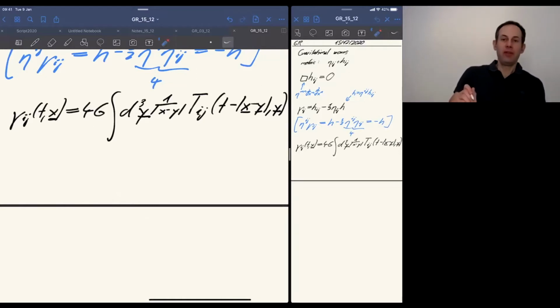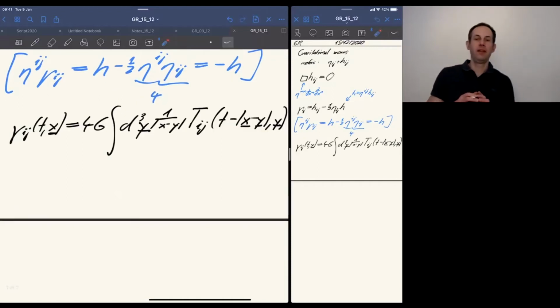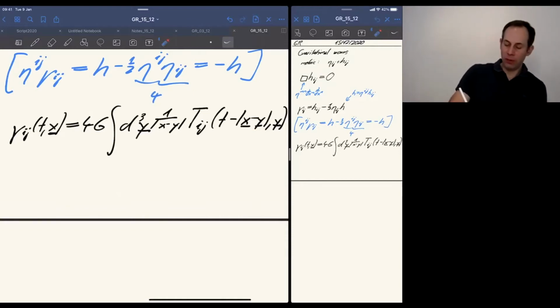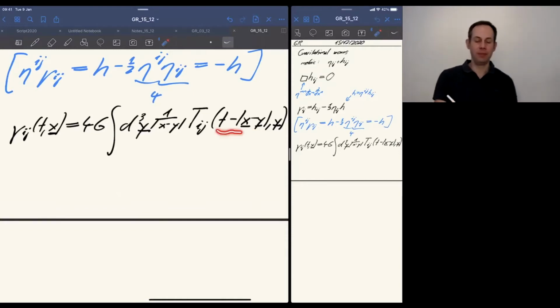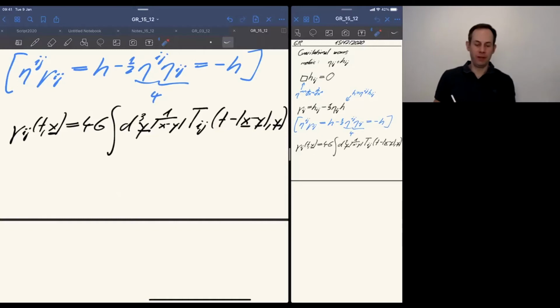But the time will, of course, be important, because you see this expression here corresponds to something that in our units, where c is equal to 1, propagates with the speed of light. Why is that? So think again of y being very small compared to x. For the moment, just think the source is even just at y equals 0. Then you have here just t minus the absolute value of x.